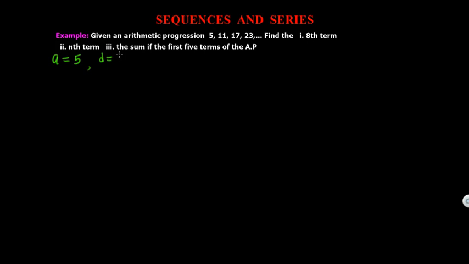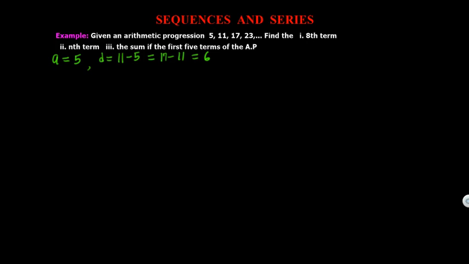So here we can say 11 minus 5. Whatever it gives us must also be the same as what 17 minus 11 will give us. If we look clearly, that's 6. So we can say the common difference is 6.